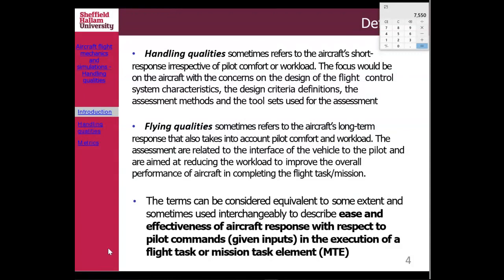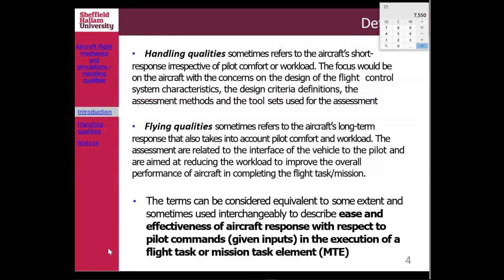Obviously you don't want that to happen, so you try to handle it manually, as a pilot, by taking over the control column or the joystick in order to stabilize your aircraft back into the equilibrium condition, for example. That behavior of your aircraft, including your flight control system characteristics, is part of the design of your aircraft. Now the assessment is termed the handling quality assessment.